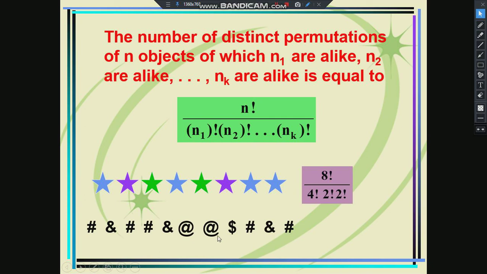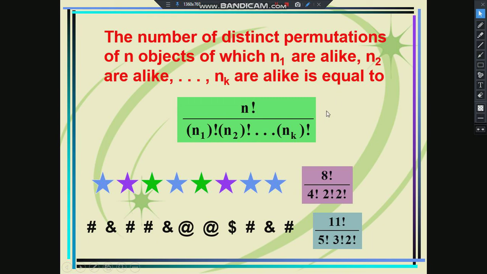The hashtag, the @ sign, and the ampersand. So, how many hashtags? We have 4. The ampersand, we have 3. And the @ sign, we have 2. So, for this distinguishable permutation, we will be having 11 factorial all over 5 factorial and 2 factorial.